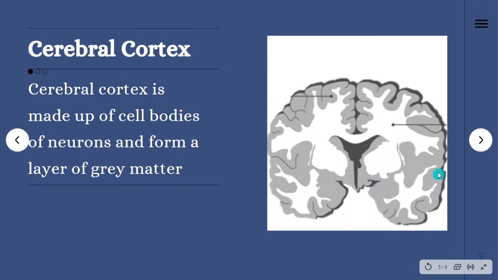As you see here, the cell bodies of the neurons, since they do not have the myelin sheath, appear gray in color and they make up what is called the gray matter. So the cerebral cortex is made up of a surface layer of gray matter, and the neurons which are present in the cerebral cortex are called the cortical neurons.